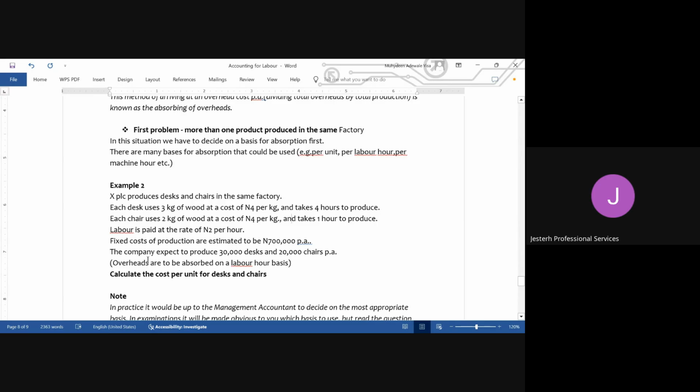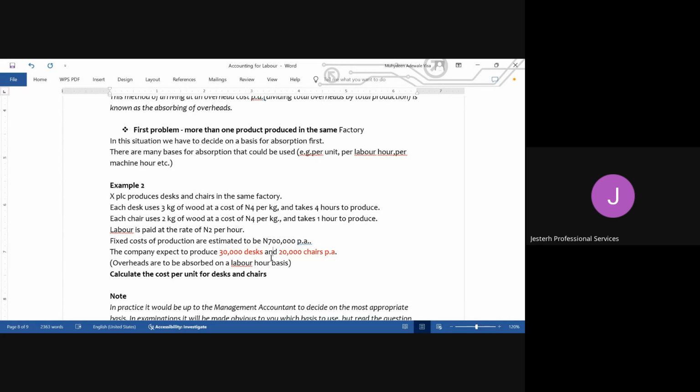The company expects to produce 30,000 desks and 20,000 chairs. In this aspect, the company has planned to produce 30,000 desks and 20,000 chairs. Now, in this question, they give us the basis on how the absorption cost is going to be.